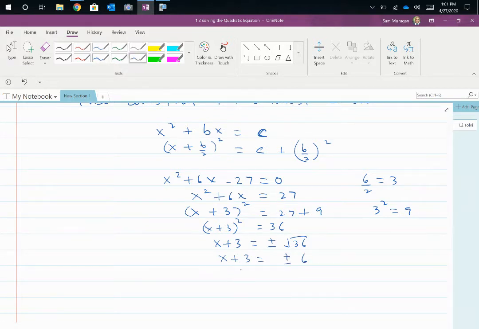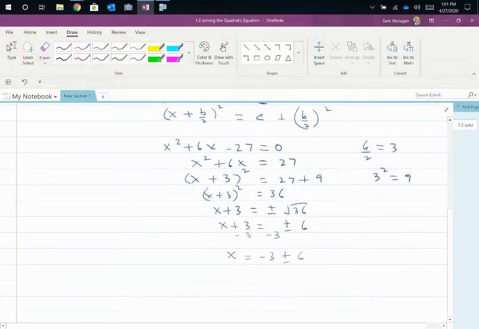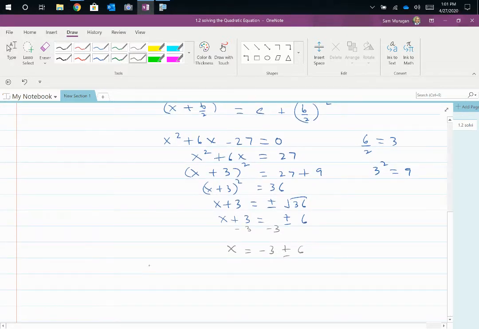And then if we took away 3 from both sides, we would have x is equal to negative 3 plus or minus 6. This gives two answers. x is equal to negative 3 plus 6, which is equal to 3, and x is equal to negative 3 minus 6, which is negative 9. So your two solutions to this problem, 3 and negative 9.